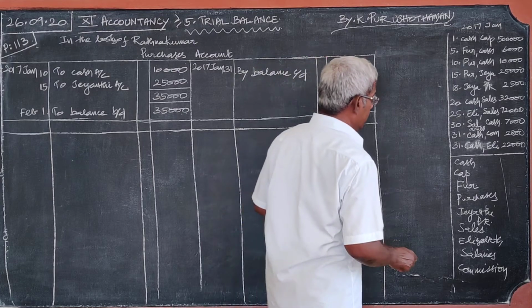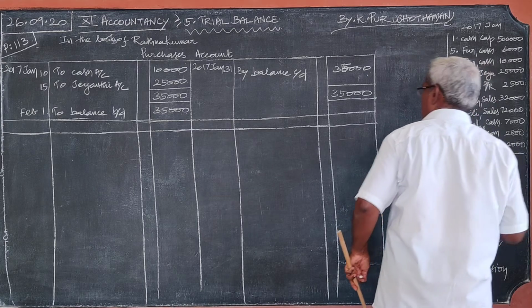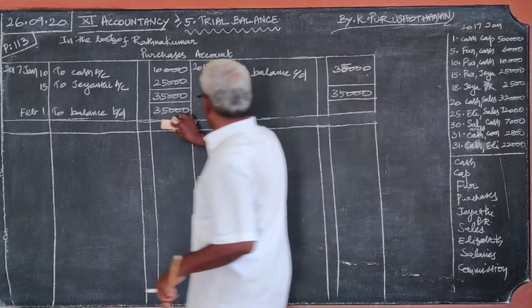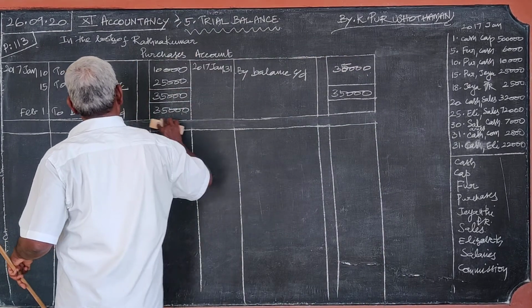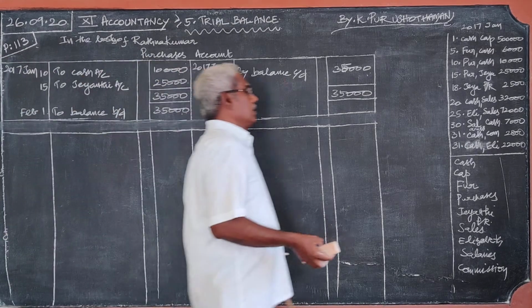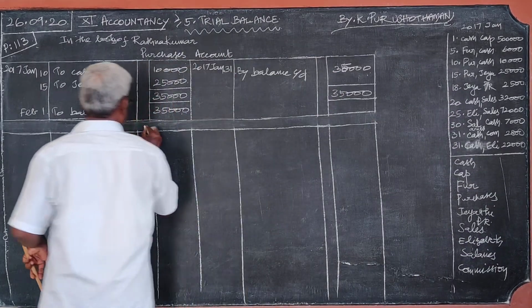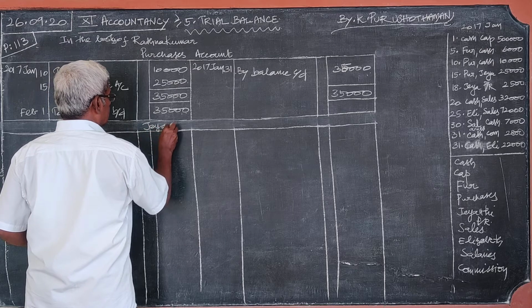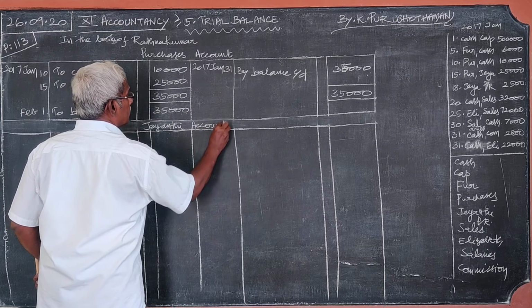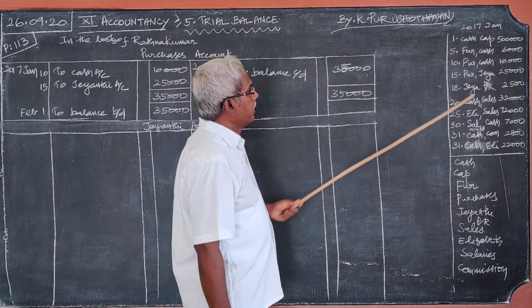The next ledger, after purchases, is Jayanti account. Where does it appear?